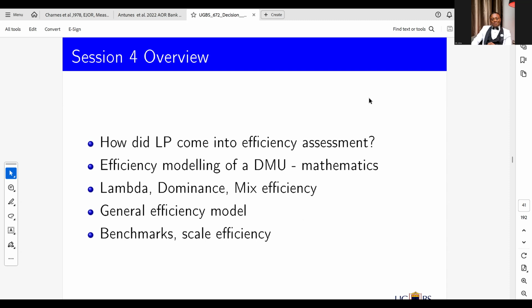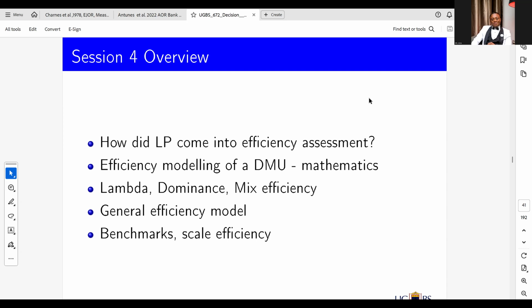How to model the efficiency of a decision-making unit using mathematics. Along the line, we'll try and understand a few things, such as, what is lambda? We shall try and understand what lambda is. But not only that, we'll also try and understand dominance.